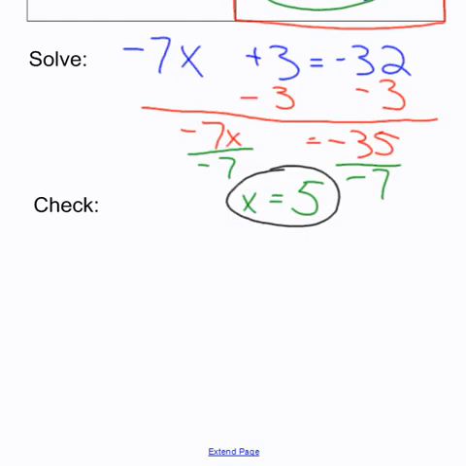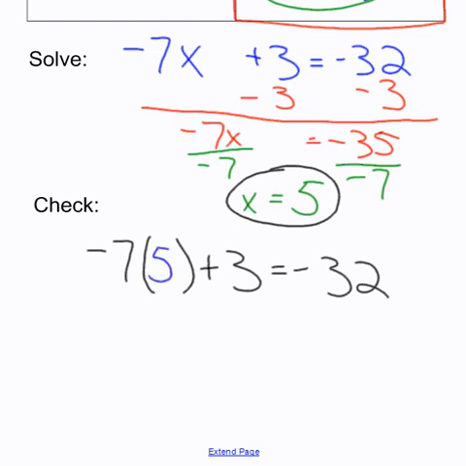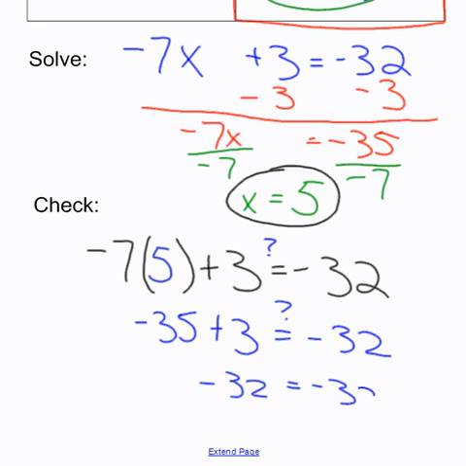Now remember, if I'm going to check, this is when I put my parentheses in for the x. Now I claim that x equals 5, so I'm going to put 5 in there, put a question mark over there, negative 35 plus 3, and we're asking is that equal to negative 32. Negative 32 equals negative 32, so we know we're correct.